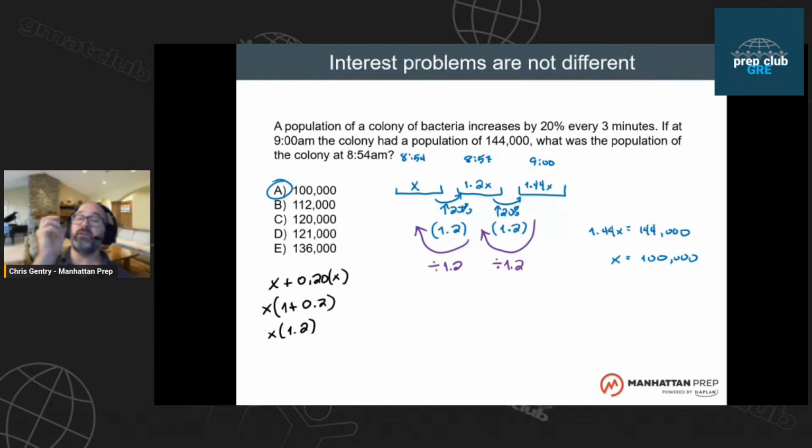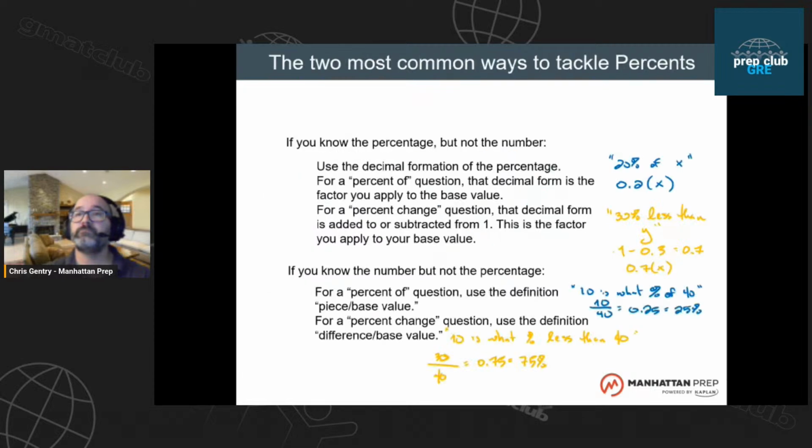You take an interest rate, apply it to a principal X, and every single period of time, you are applying that interest rate again to the new base value. If you know this page, you can quickly and efficiently tackle any percentage translation they will ever throw at you.